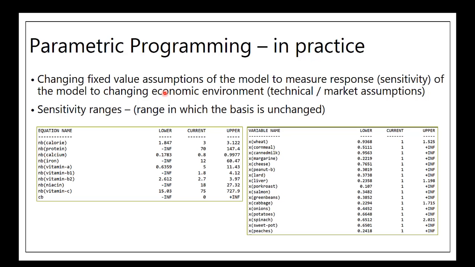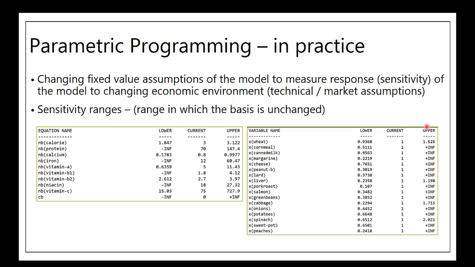We included that option to read the ranges for objective coefficients and the ranges for constraint right-hand sides, right? So 3,000 calories, the shadow price for calories stays the same between 1.847 and 3.122. Okay, so these are the fixed assumptions under current.